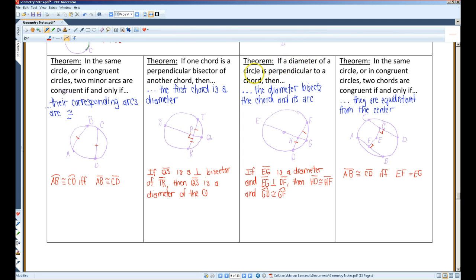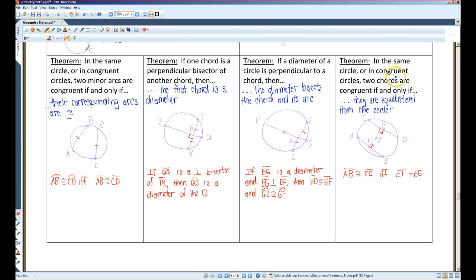If a diameter of a circle is perpendicular to a chord, then the diameter bisects the chord and its arc. So if EG is a diameter and EG is perpendicular to DF, then HD is congruent to HF and arc GD is congruent to arc GF.